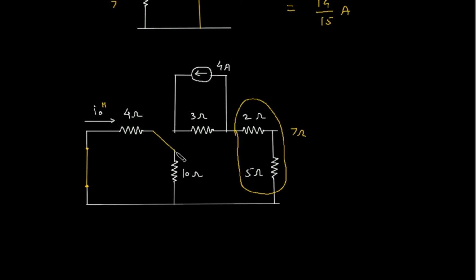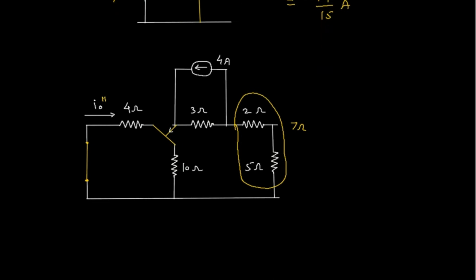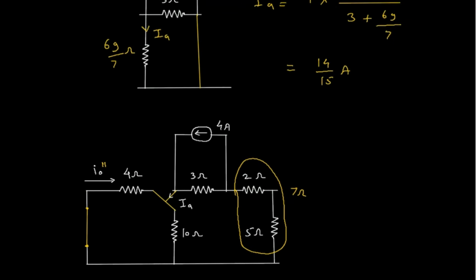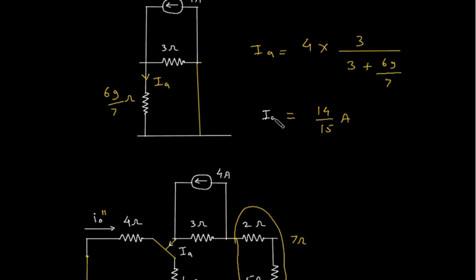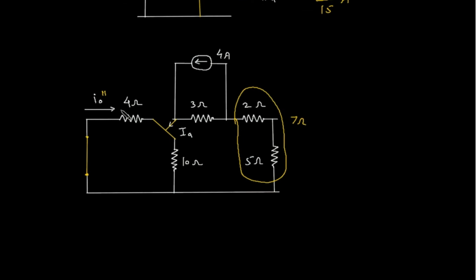So this will be like this current, and this current is IA. This is current IA, and we have to find this current IO double prime. We have the value of IA.